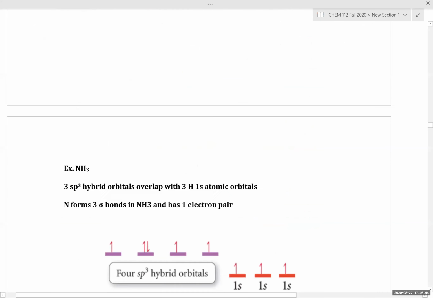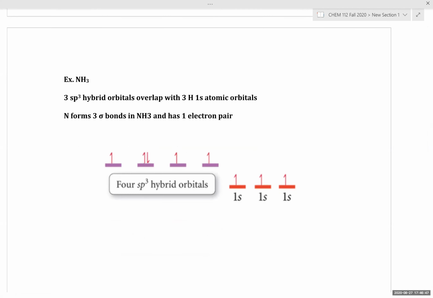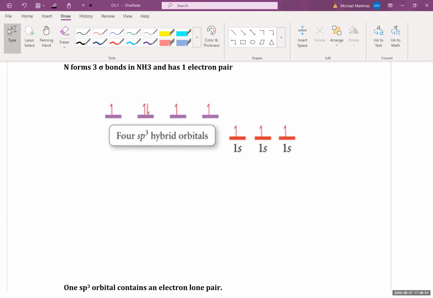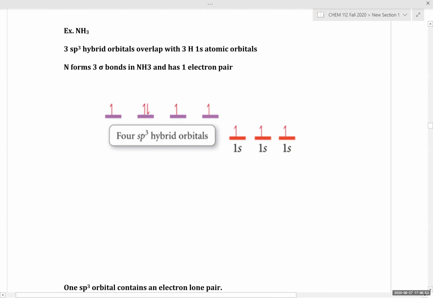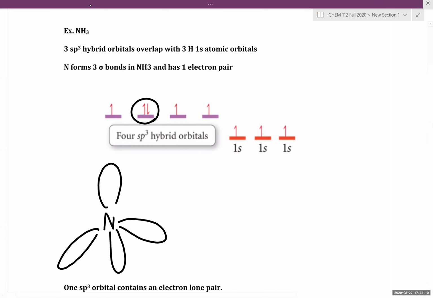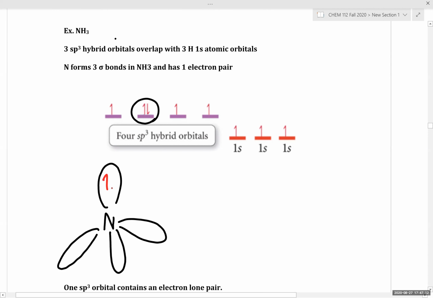So for example, for ammonia, just to tie off this discussion, we have 4 sp3 hybrid orbitals. The only thing that's new now is that one of our hybrid orbitals is completely full and it has a lone pair.